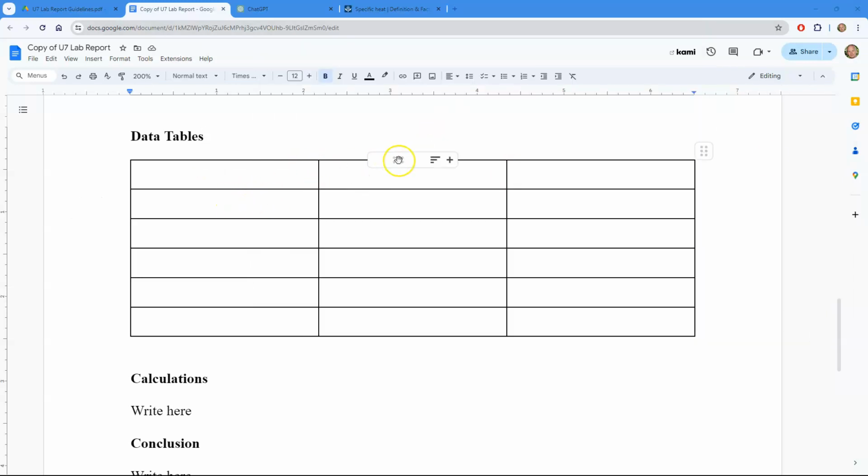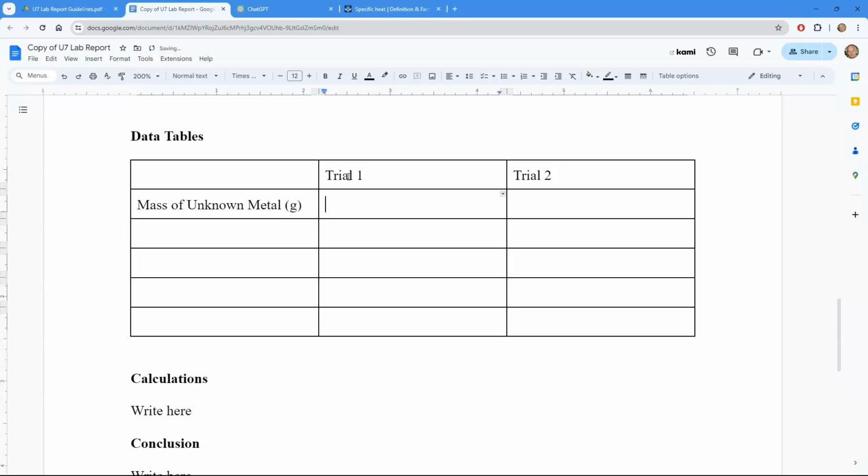So we have trial 1, trial 2, all right, and then we have mass of unknown metal, and the units were grams. We have mass of deionized water, so I'm just going to put water, grams.